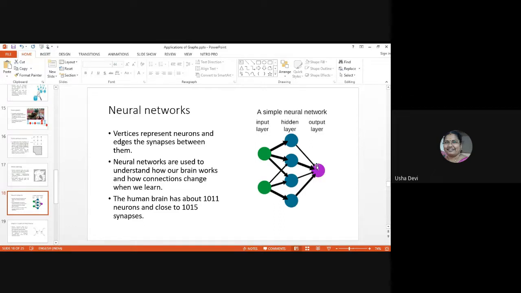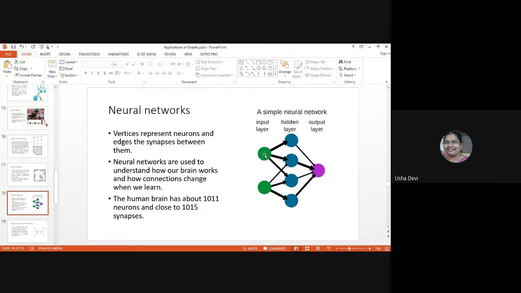How do you get this one single output? It comes from the two different neurons of the input layer, which are transmitted into your hidden layer. It has to do some processing, and finally everything is reflected in the output layer that has only one neuron.